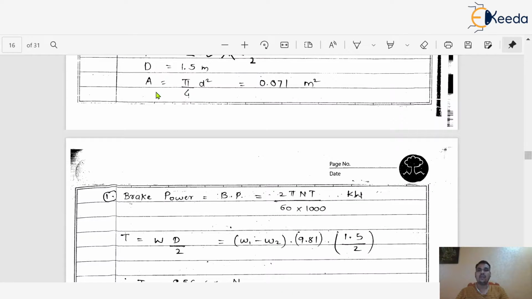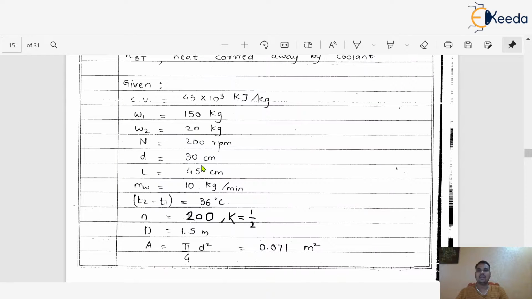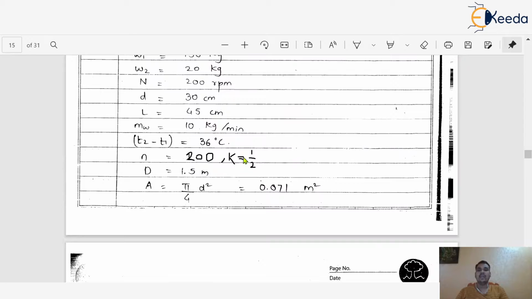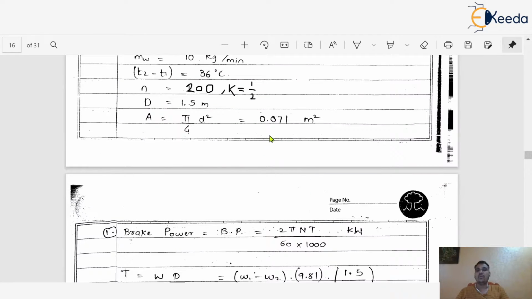How can we calculate the area of the cylinder? The general formula of the area is pi/4 d square. In this case the small d value is given, that is 30 centimeter. Convert it into meter, put the value in this equation, and we get the area, which is equal to 0.071 meter square. Please check this value with your calculators.